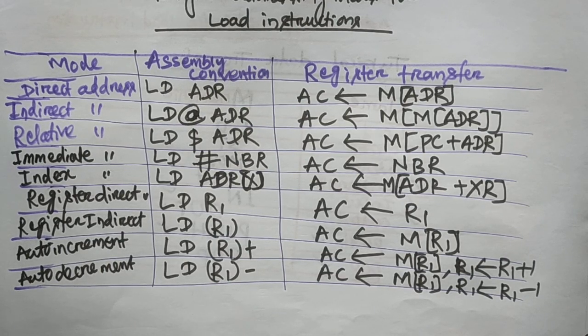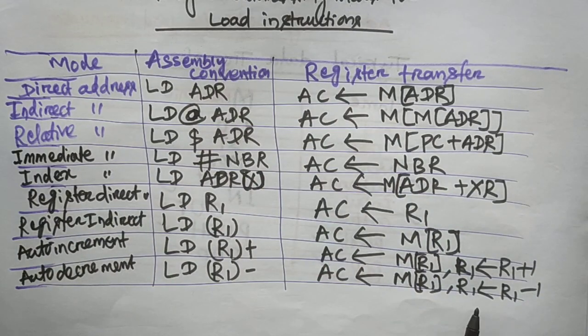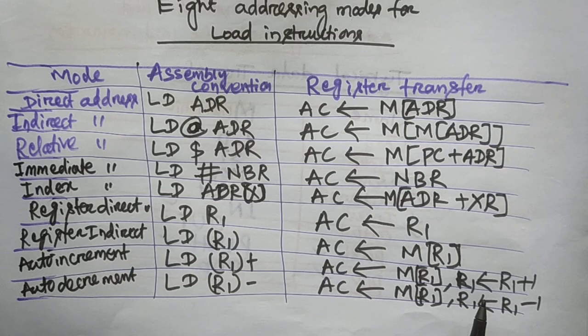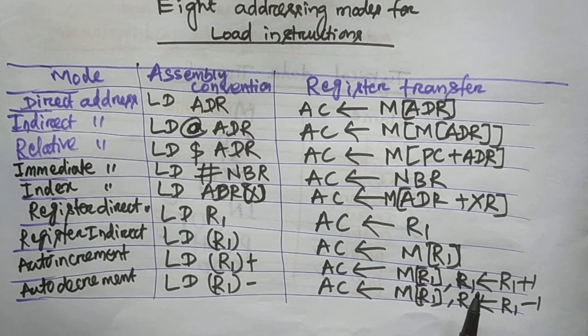In all assembly conventions we simply use the load instruction, and different load instructions are used for different kinds of modes: direct address, indirect address, relative address, immediate address, index address, register direct address, register indirect address, auto increment or auto decrement. Since it is a very standard mode, we use this.